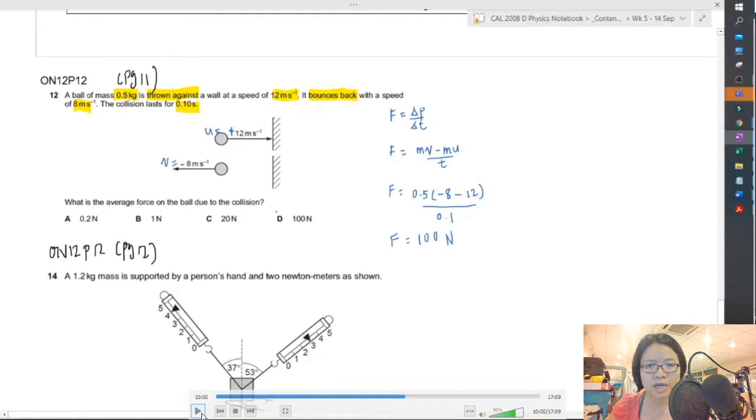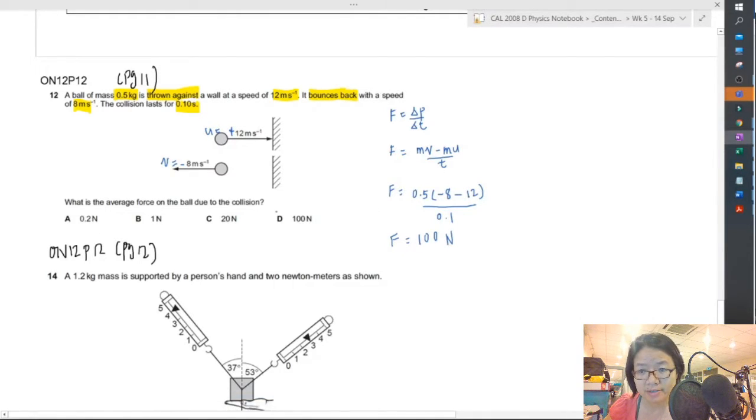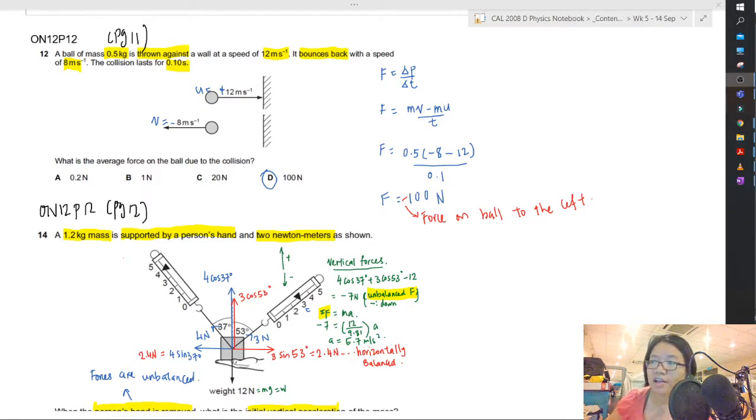Okay, so here I want to pause a bit because some of you might be asking me, Miss, here got negative leh. Why got negative 1? The negative here represents that the force on the ball is to the left because you are taking left side as negative. But you will be thinking, how do I know that this is the force on the ball? Well, number one, you are taking the change in momentum.